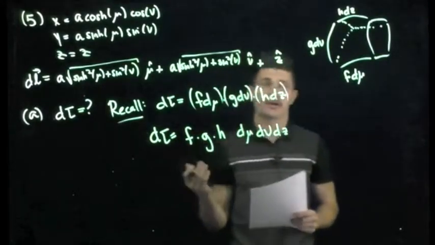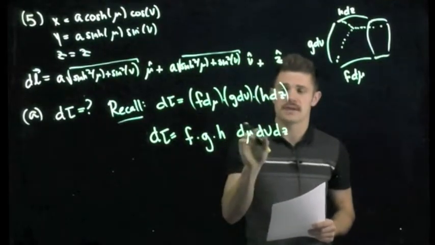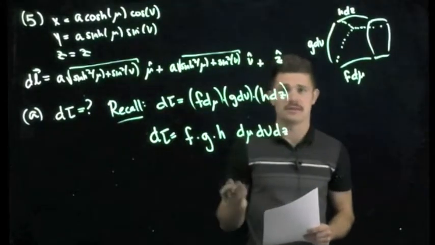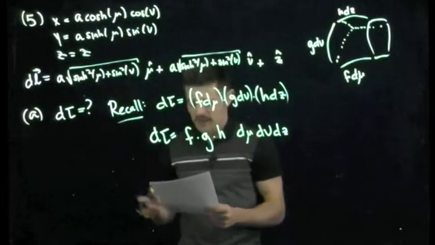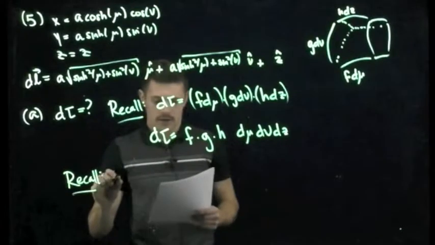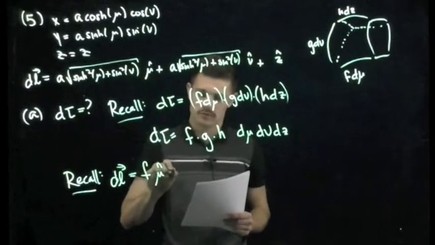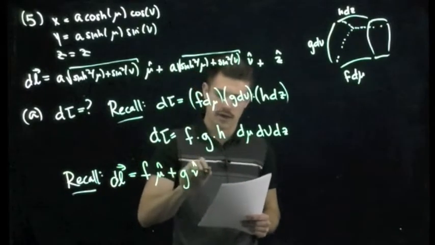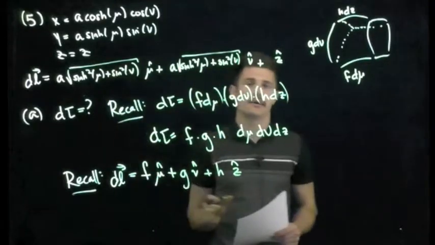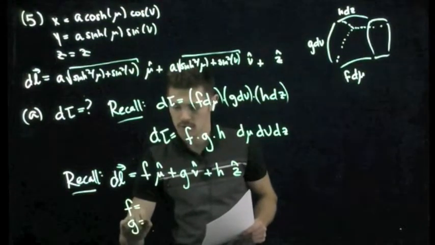In general, if we look at Cartesian, we can say that f, g, and h are all one, d mu is dx, d nu is dy, and dz is dz, and we have just the normal d tau as dx, dy, dz. In this case, however, if we recall again that our line element dl can be broken down into f times mu hat plus g times nu hat plus h times z hat, then right away we can read off from the line element that has been given to us in the problem what our f, g, and h are.